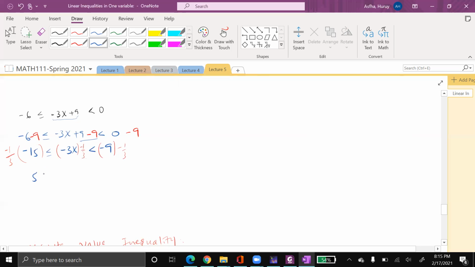This becomes positive, and this becomes greater or equal to. And this is just x. And what do we have here? Okay. It will be 3. So this will be just 3. Therefore, x is between 3 and 5, or I can rewrite this one.